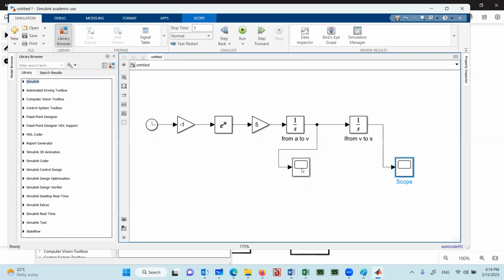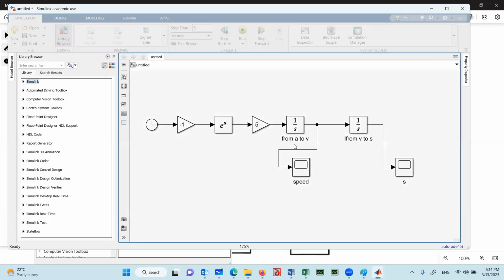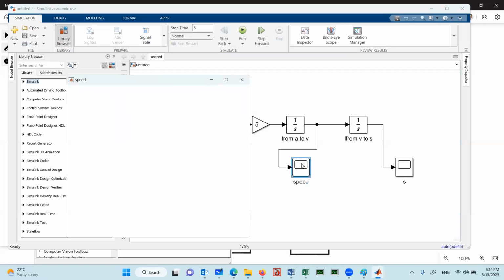We can rename the file here. Say this one is speed. This one here is S. Okay, you can change, make it here. Now again, you can see the speed.